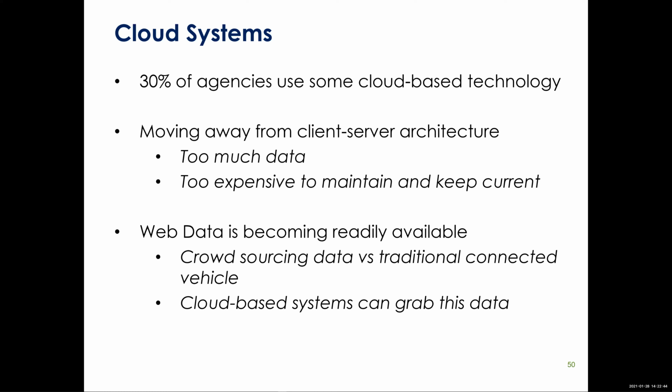The only problem with the crowdsourcing data right now is that only about 3 to 4% of the vehicles are actually transmitting the data. For systems to become effective using this crowdsourcing data, though, we're going to need to see about 10% of the vehicles actually transmitting their locations and speeds in order for it to be effective.